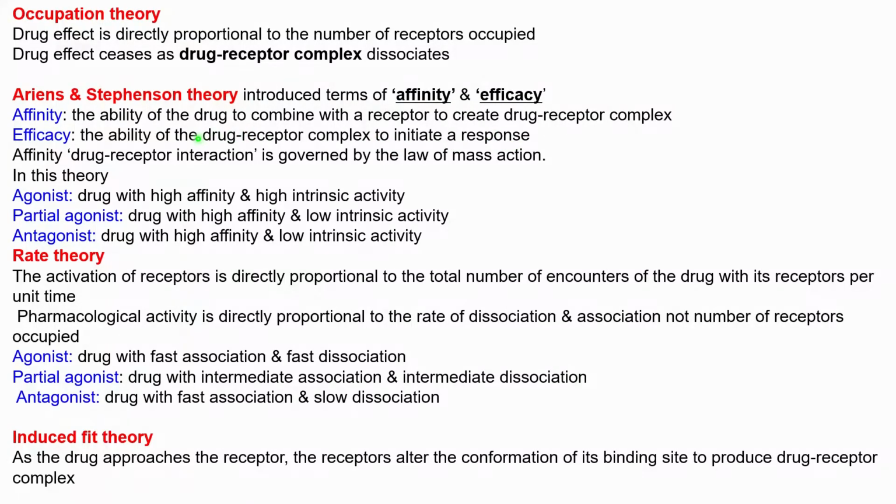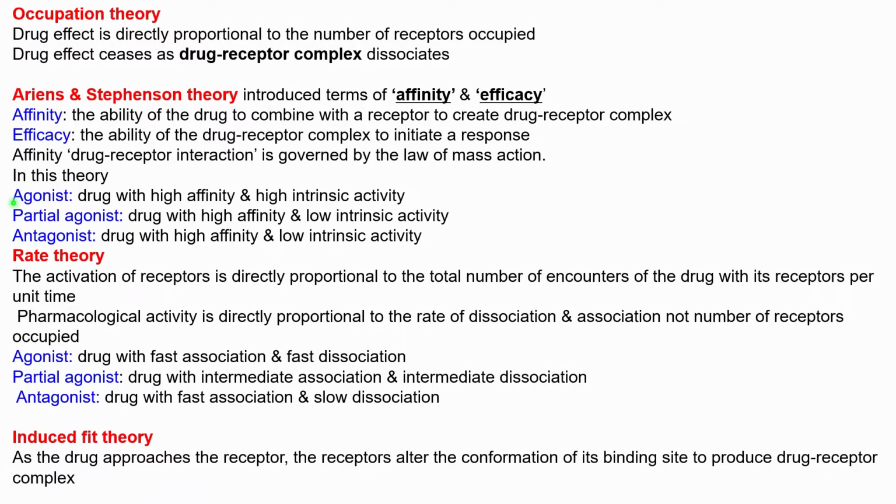You may have drug that binds with drug receptor complex and doesn't give much of effect. You may have drug that binds and gives the necessary effect. Affinity of drug receptor interaction is governed by law of mass action that you know from general chemistry.